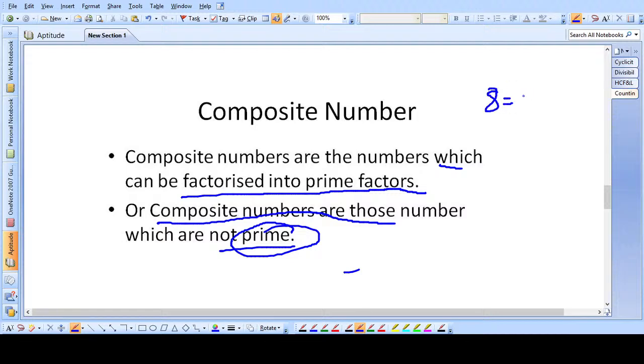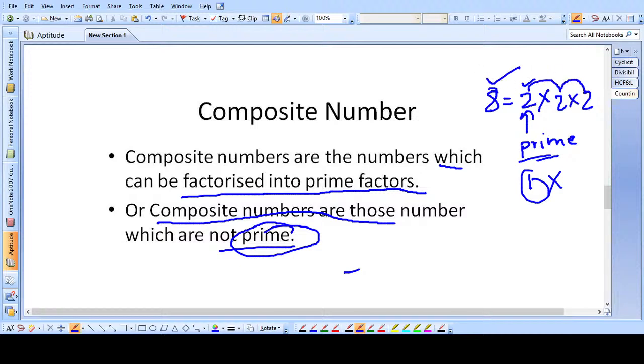This is made by 2 into 2 into 2. These 2s are prime. 2 cannot be divided by any other number except 2. Don't argue with 1, we don't consider it for the prime number criteria. So by these prime numbers, this 8 has been made. It's a composite of all these prime numbers.